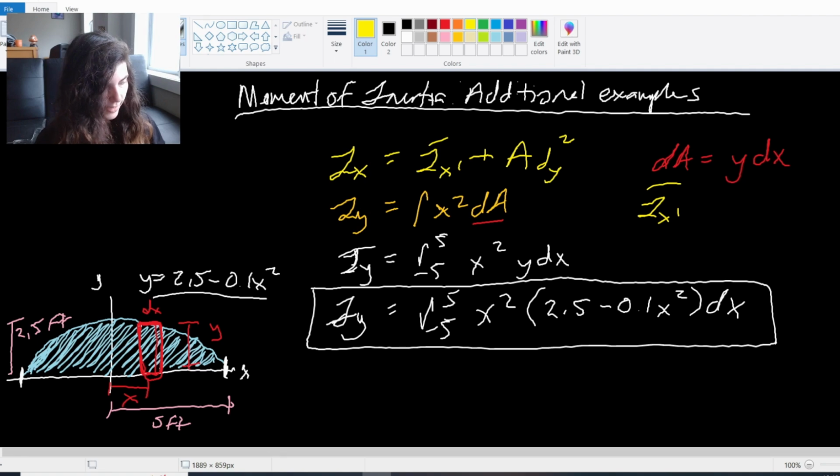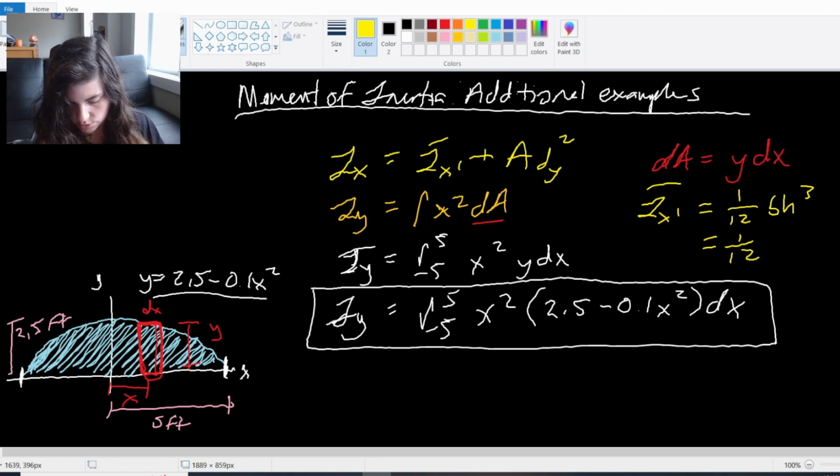I pull that out from my table, and that gives me 1/12 base times height cubed, where my base is dx and my height is y. So 1/12 y cubed dx. I'm going to have to be integrating this term, and then I need to find my other term as well.